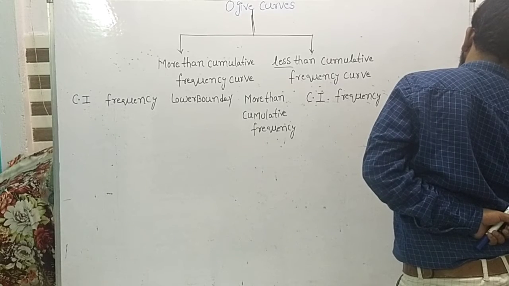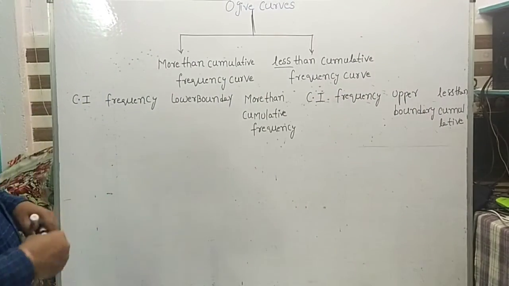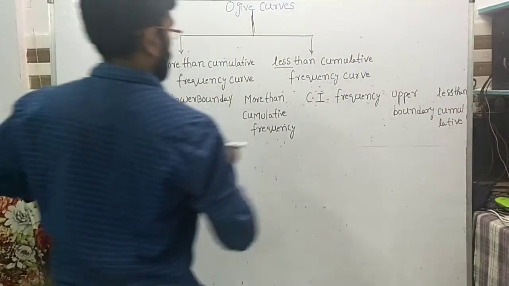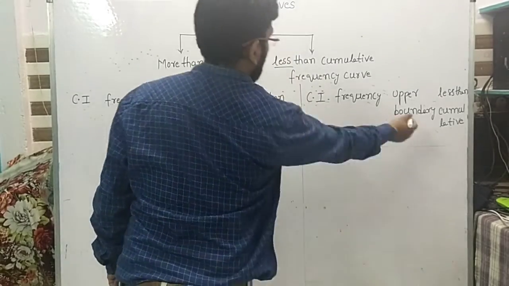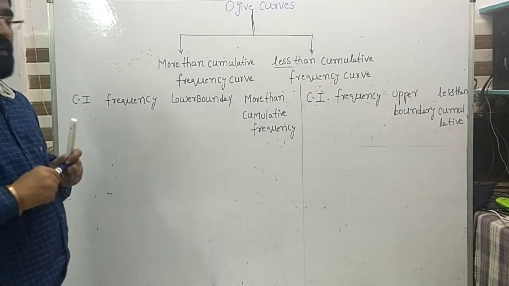So these are for more than cumulative frequency and less than cumulative frequency.